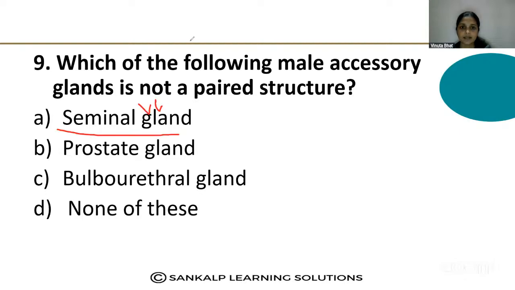Prostate gland is unpaired. So option B is the correct one. The seminal vesicle is paired, the bulbourethral gland is also paired, but the prostate gland is unpaired.